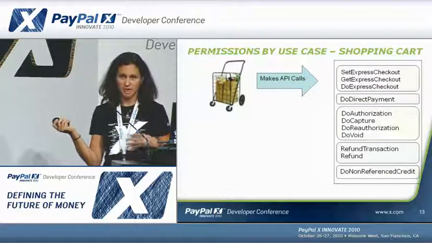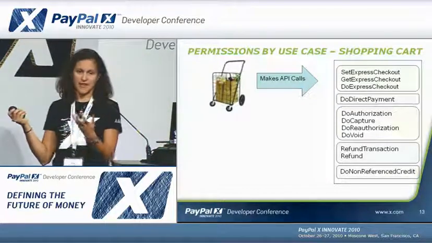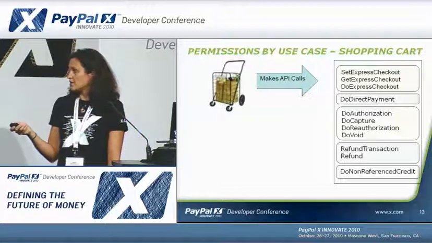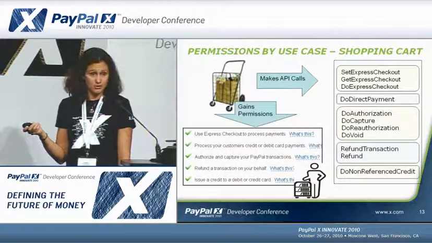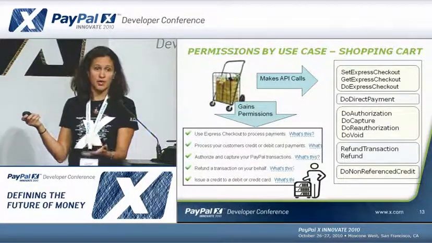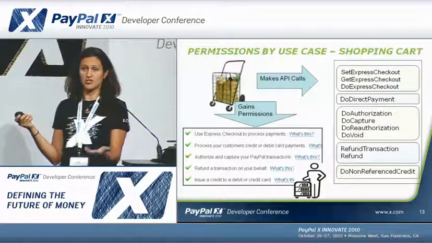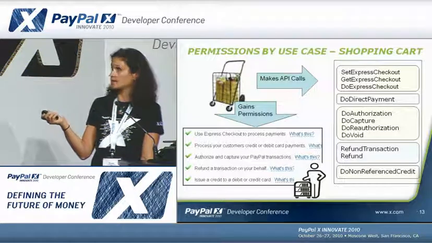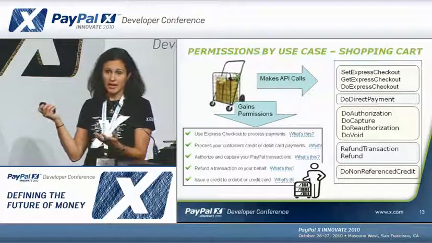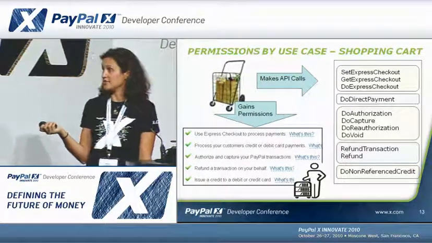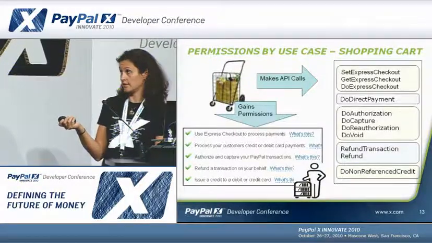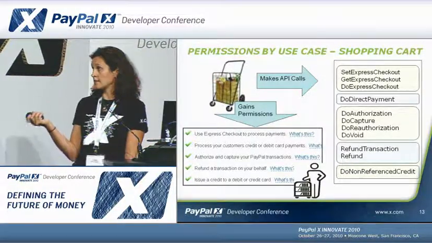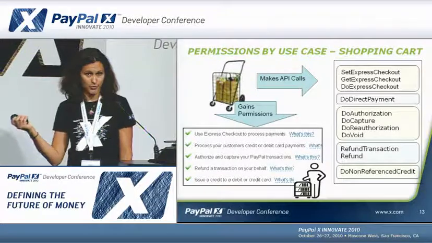Express Checkout is a product that has 3 API calls. Once the shopping cart integrates with the permission service, the user will not see individual APIs like it is right now listed on the profile page. They will see an English phrase describing that I'm asking for permissions to use Express Checkout to process payment.